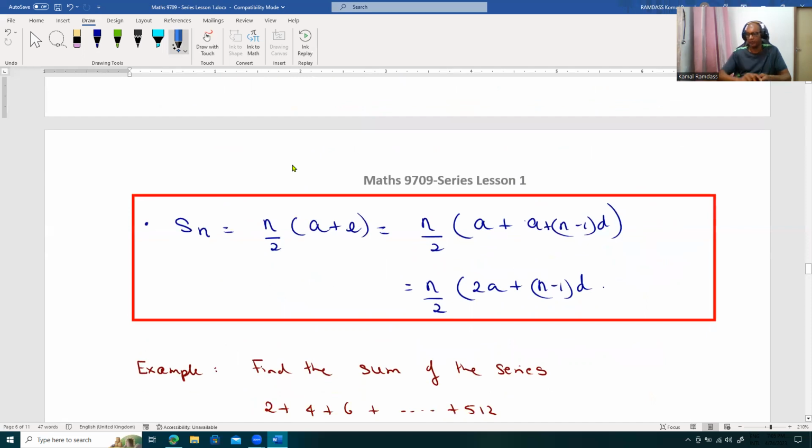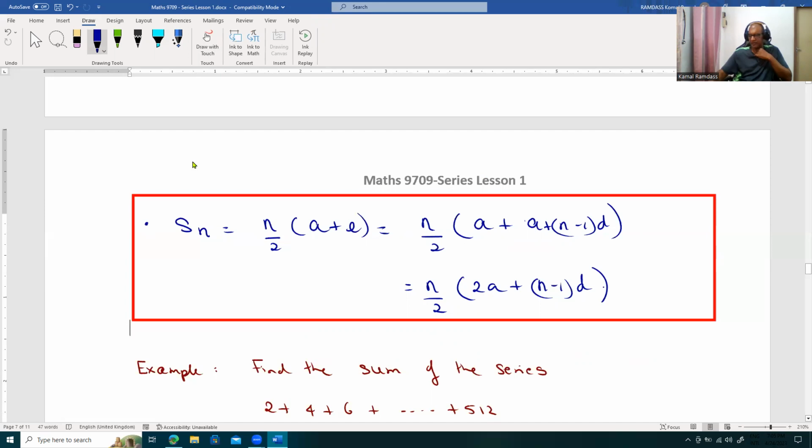We can also replace L by A plus n minus 1 times D, giving n over 2 times (2A plus (n minus 1) times D).